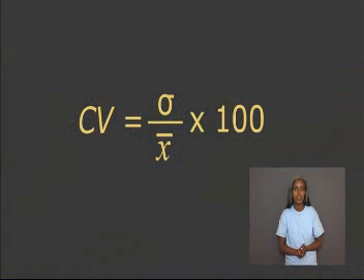The equation for finding the coefficient of variation is as follows. The standard deviation divided by the mean multiplied by 100.